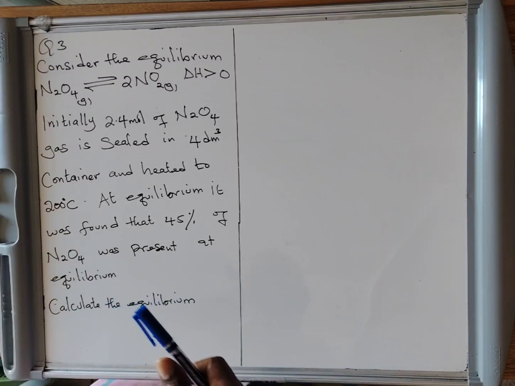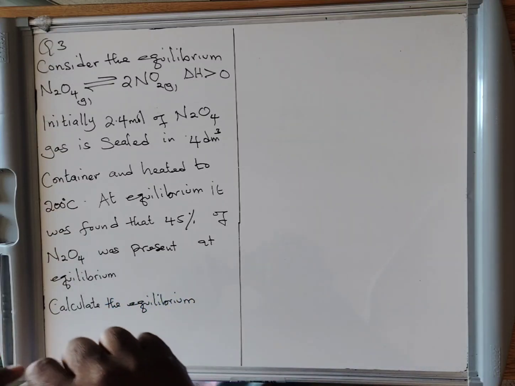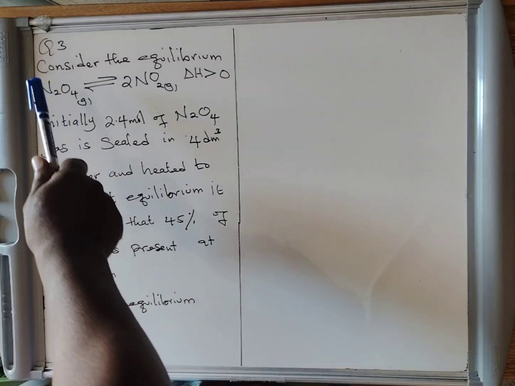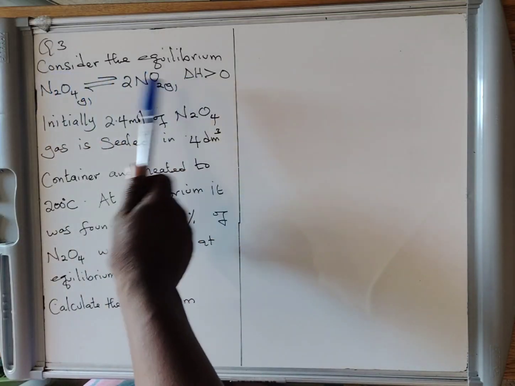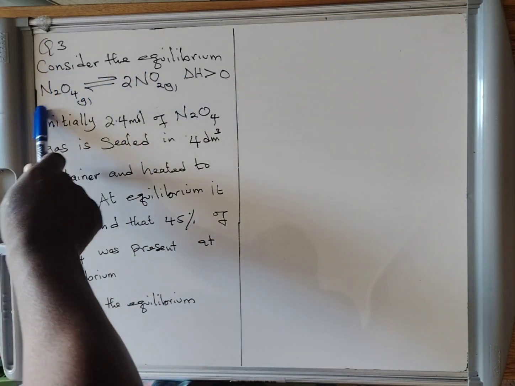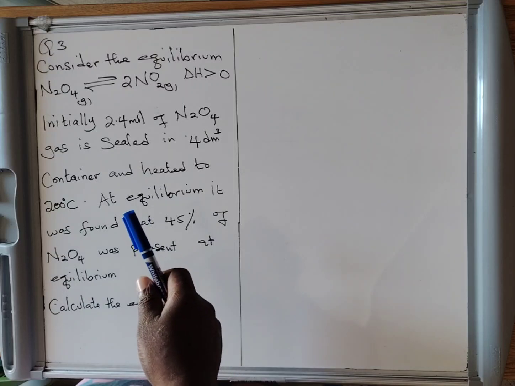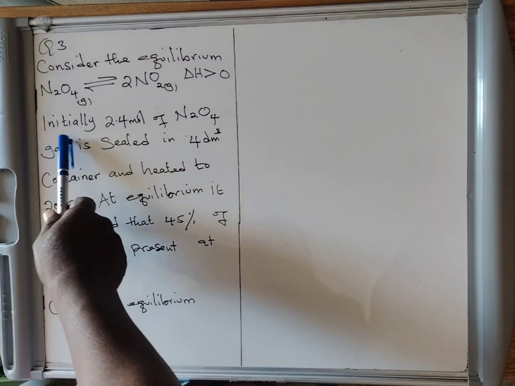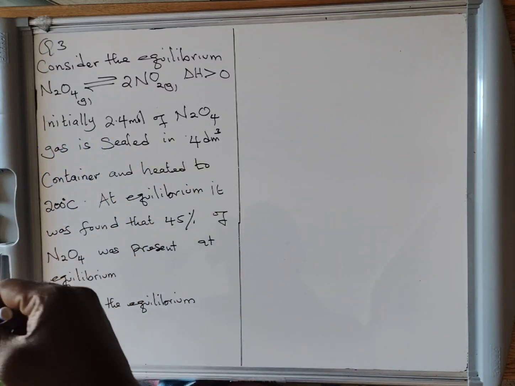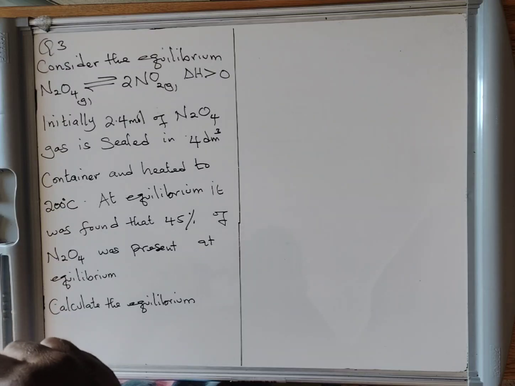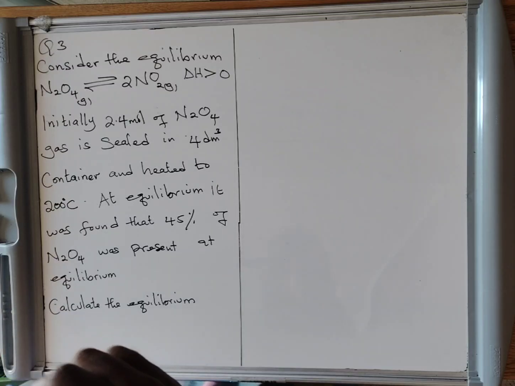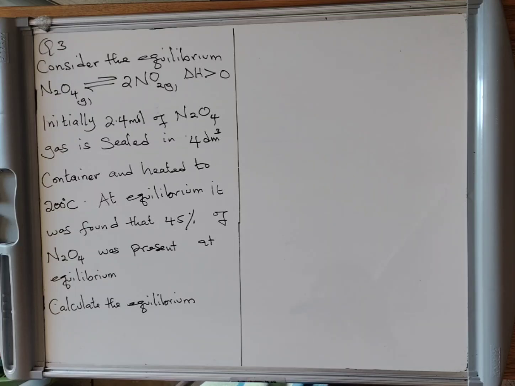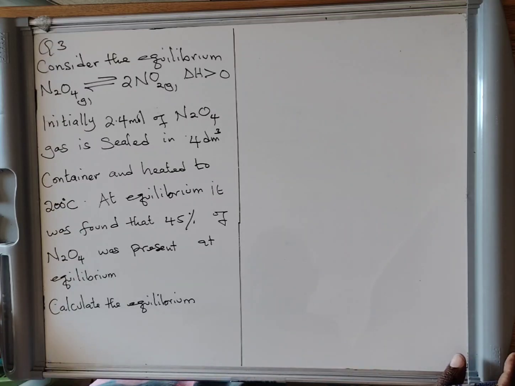We are looking at this question. The statement reads: consider the equilibrium. Initially, 2.4 moles of dinitrogen tetroxide gas is sealed in a 4 cubic decimeter container and heated to 200 degrees Celsius.